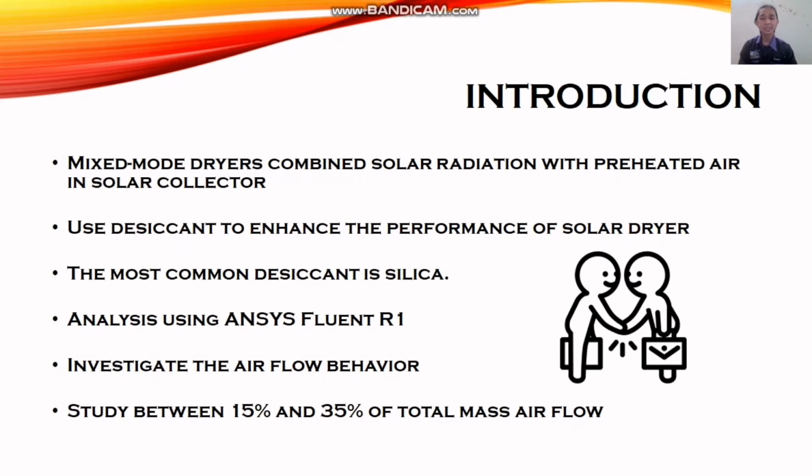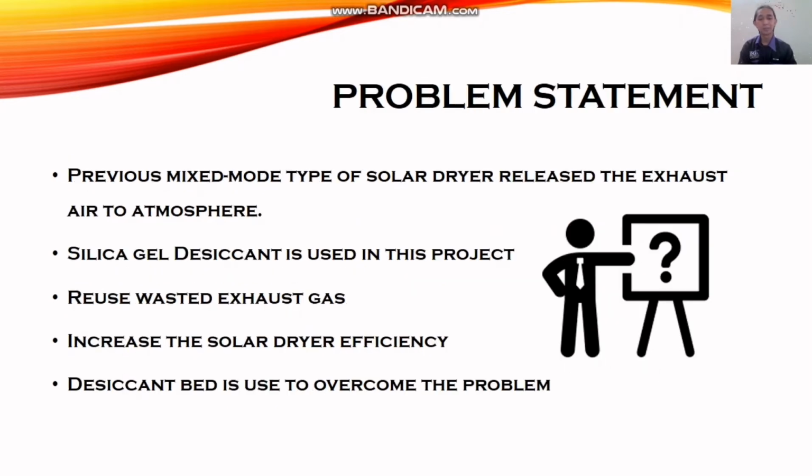And the study is of 15% and 35% of total mass airflow inside the desiccant, which is 149 kilogram per hour. So the problem statement is that the previous mixed mode type of solar dryer releases exhaust air to the atmosphere.